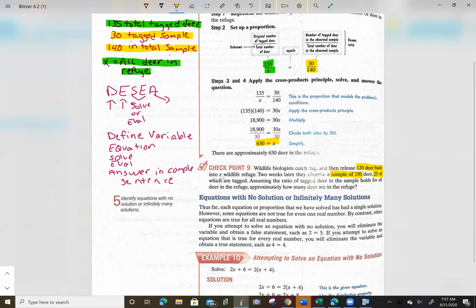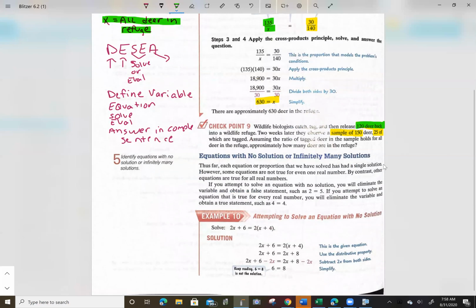So the two sample numbers will go together, and maybe I'll do that in green, and the total number of deer tagged is 120. So set it up just the same as we just did, with your proportion, and solve it. Please make sure you're writing out these checkpoints down on paper so that you have them ready to turn in.